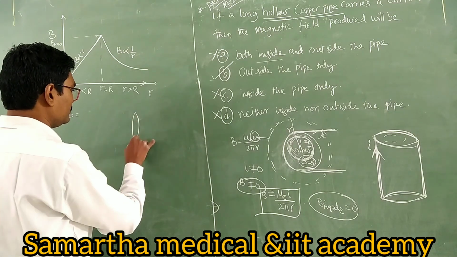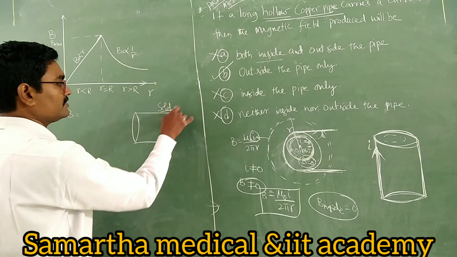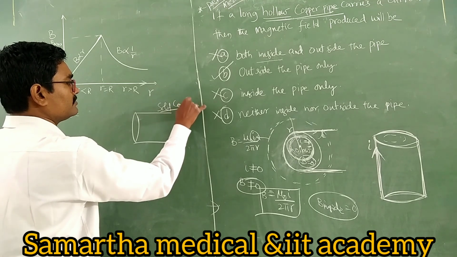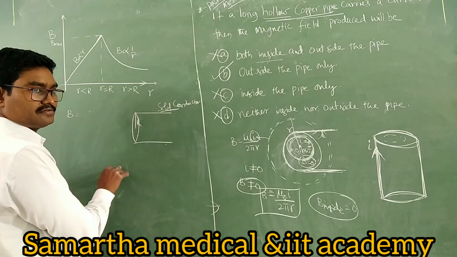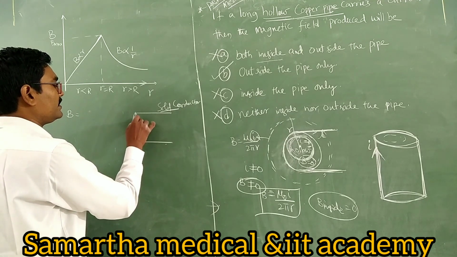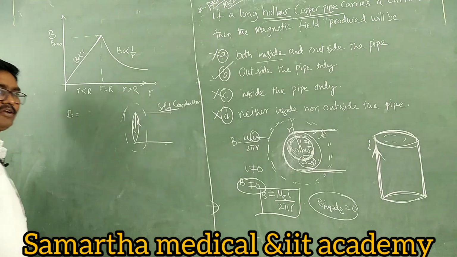So this is a solid conductor. Capital R is the radius. So you can take inside and outside. We already did this in the previous class.